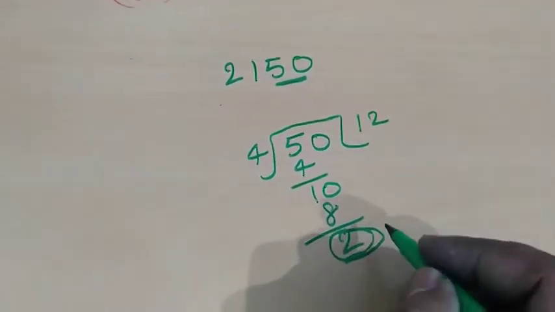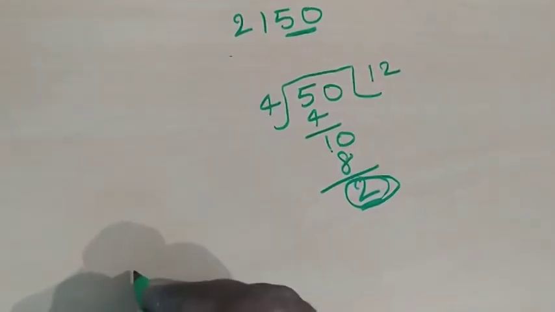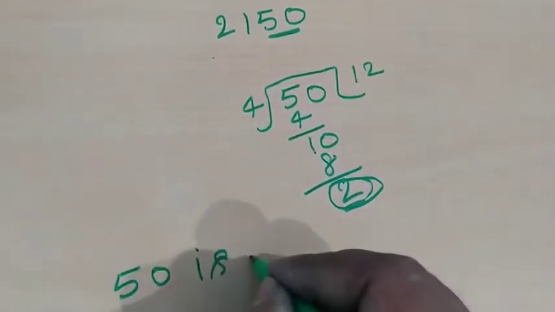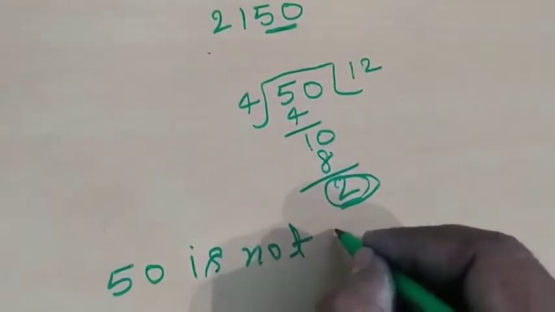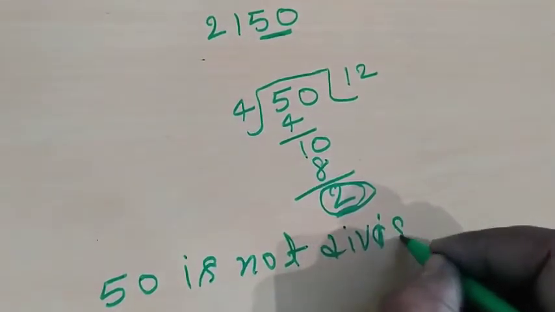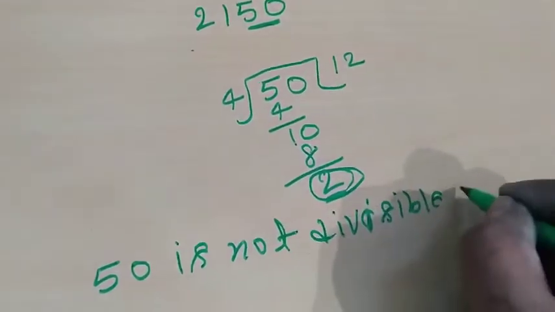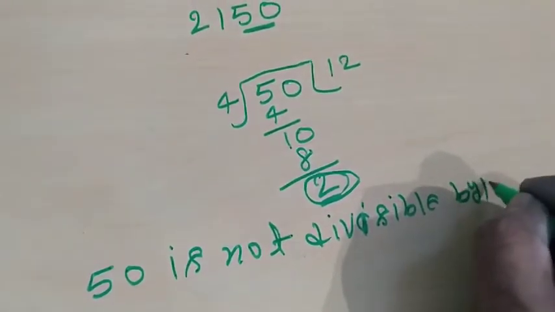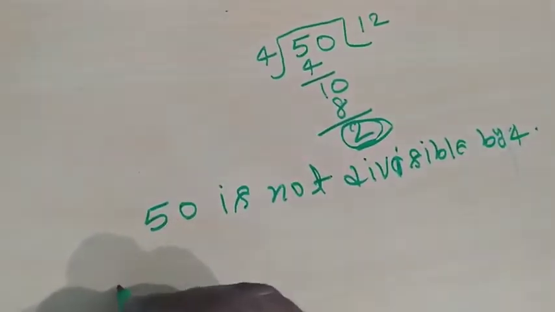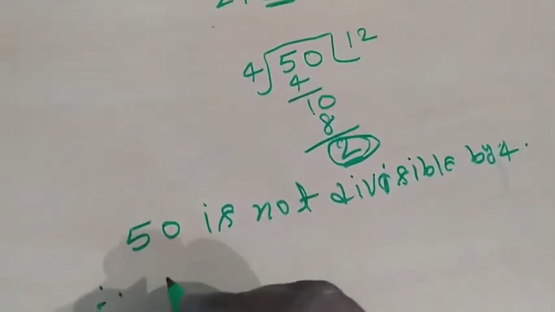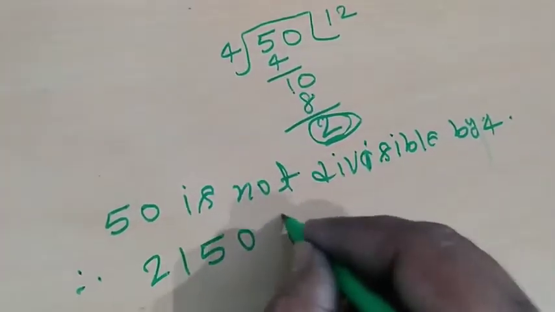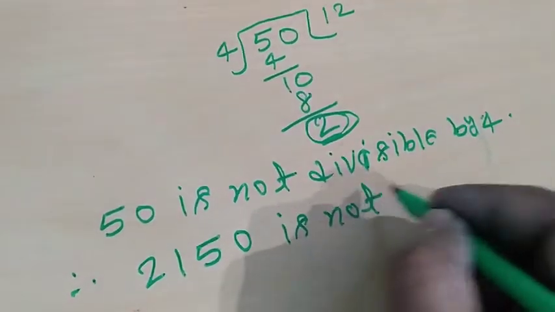It means that 50 is not divisible by 4. Therefore the given number 2150 is not divisible by 4.